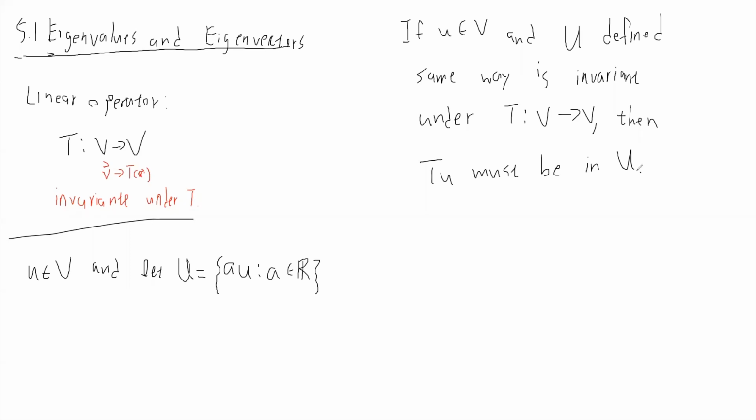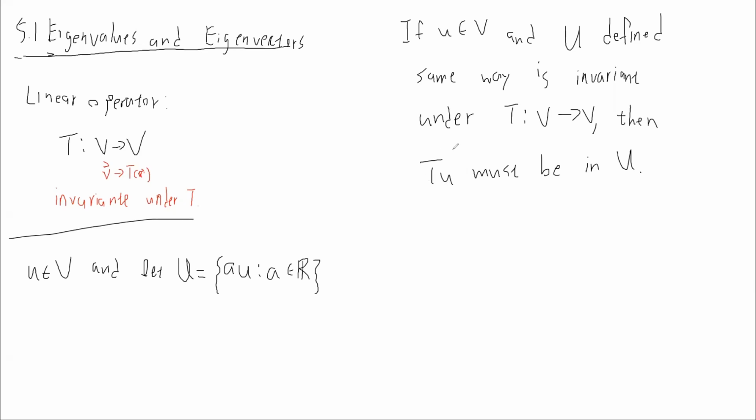We know that every one-dimensional subspace of V is of this form, some scalar multiplying the vector u. Now let's say we introduce another operator T from V to V. Then T of u must be in capital U, because T of u is also one-dimensional.